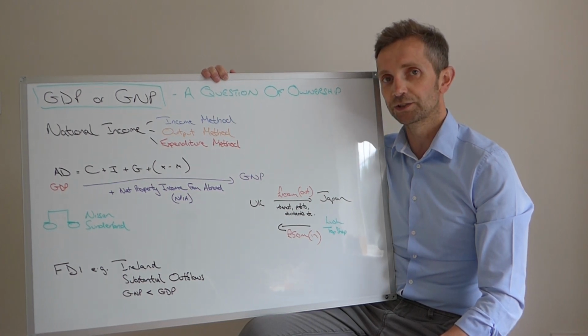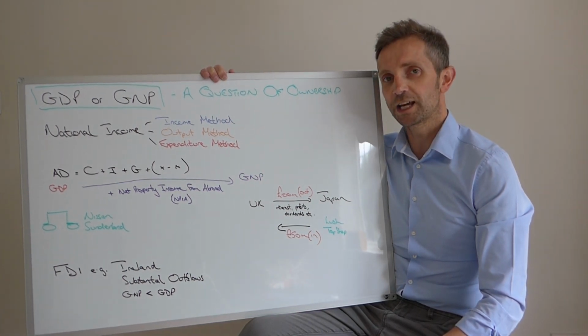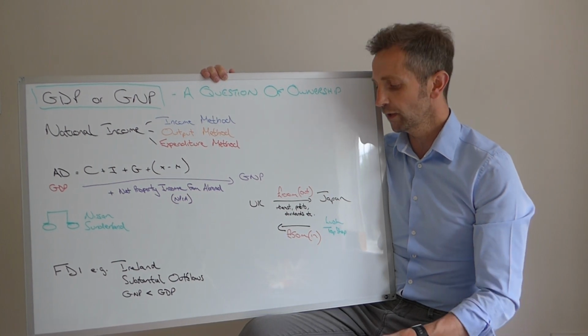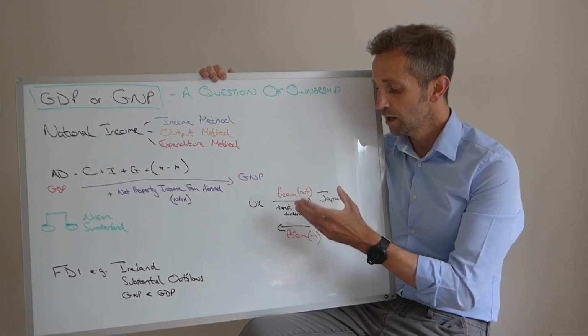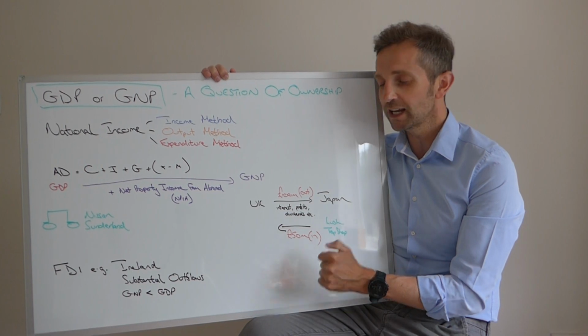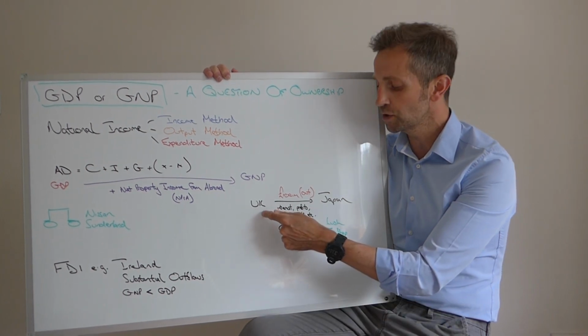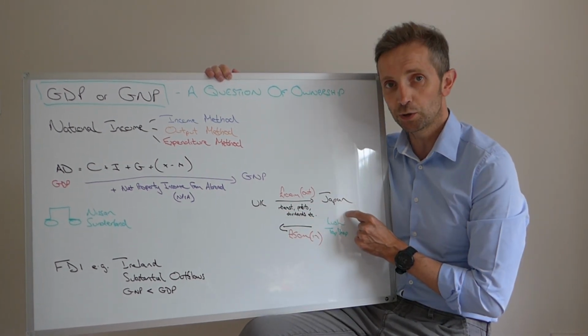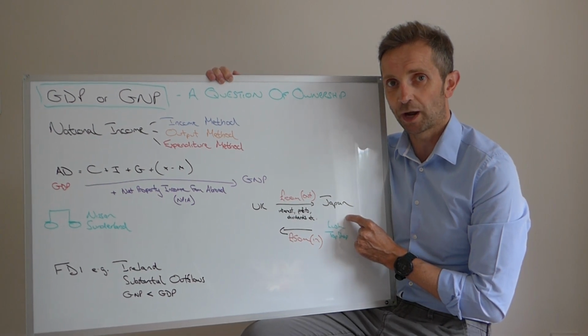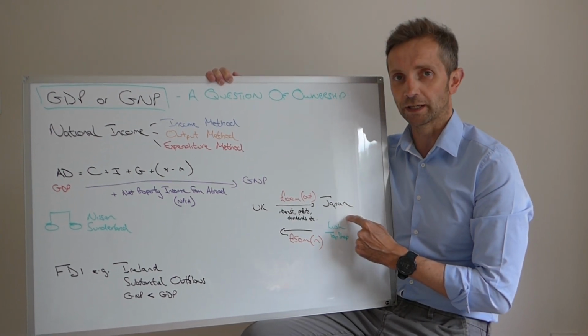Nissan, a Japanese-owned company, at the end of the financial year, hopefully from its point of view, lots of interest, profits and dividends will flow out of the UK and back to Japan, because it's a Japanese-owned company.